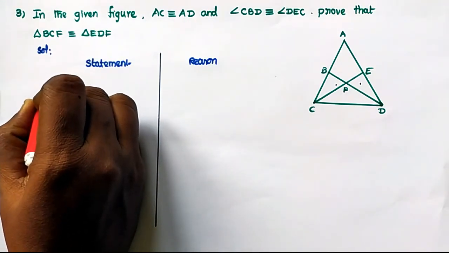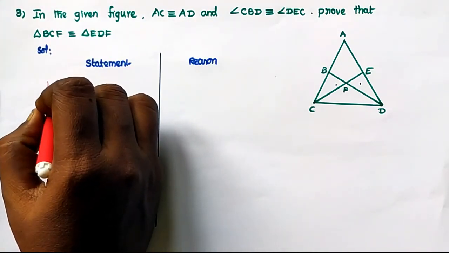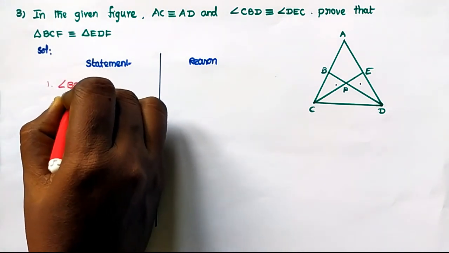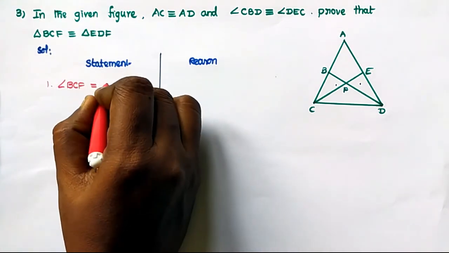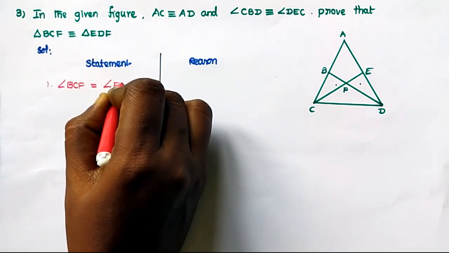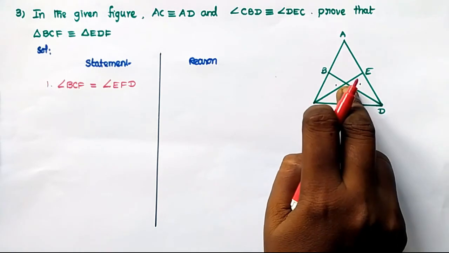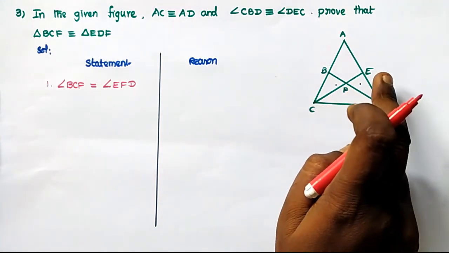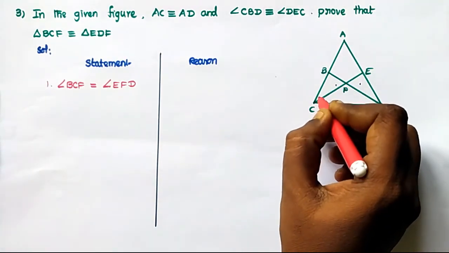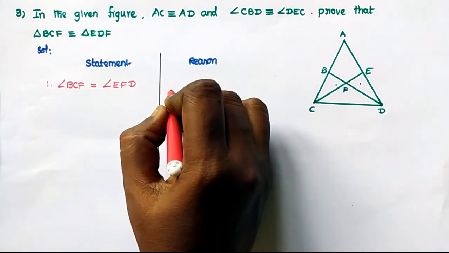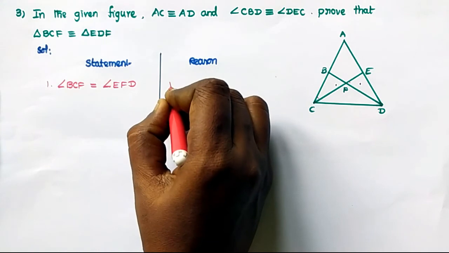In the first statement, angle BFC is equal to angle EFD. What is that? Vertically opposite angles.